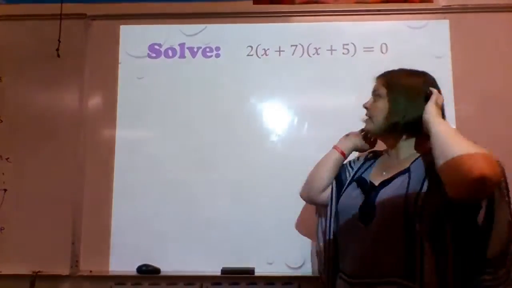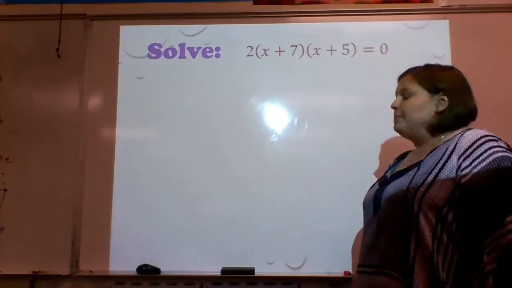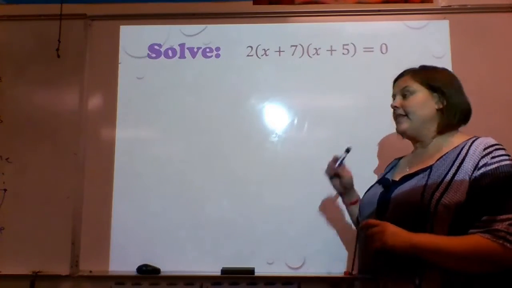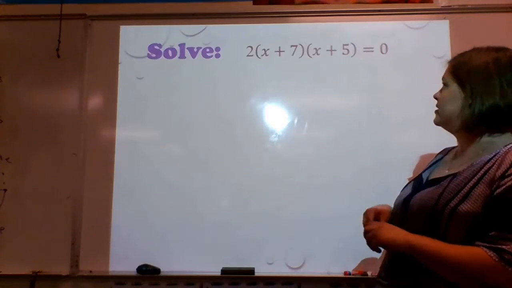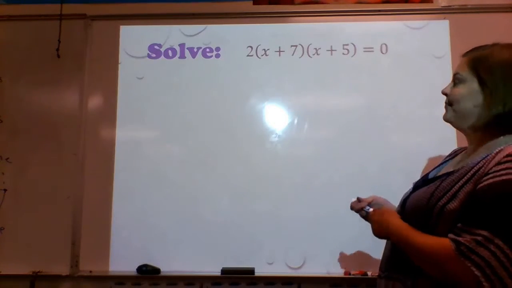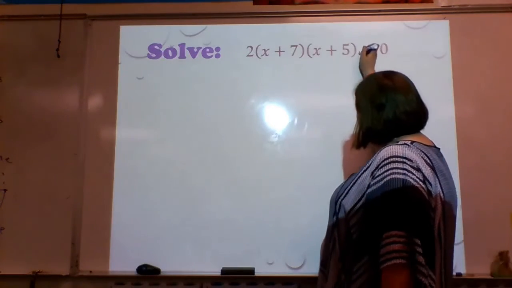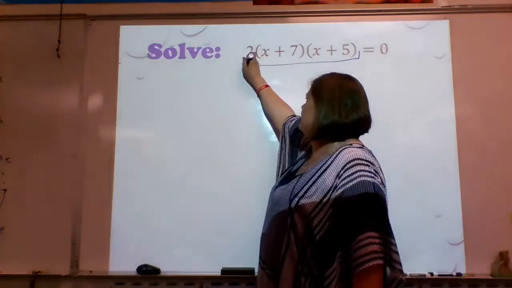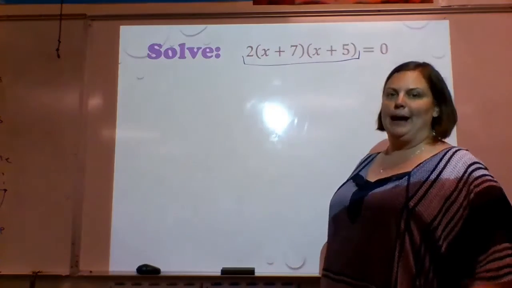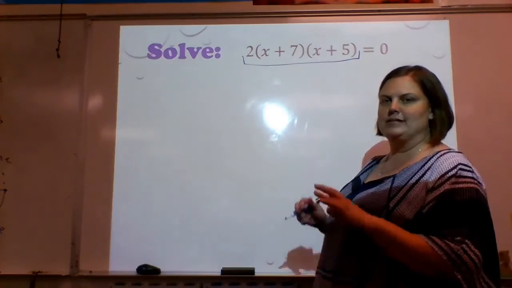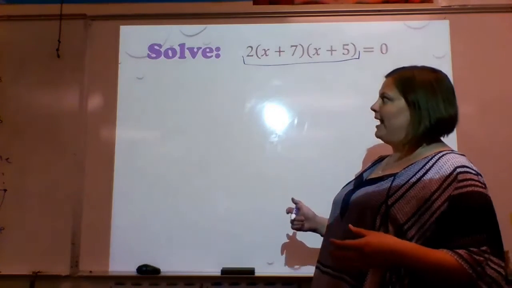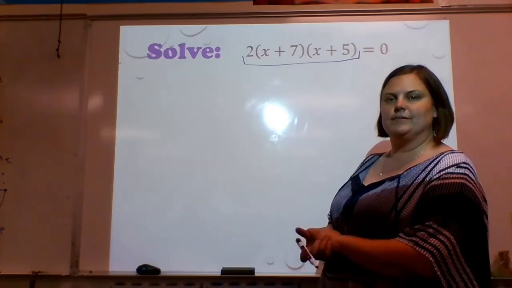Please take this expression, it's an equation because it has an equal sign, and put this into Desmos and tell me what happens. I'm going to give you a few moments to type it in.